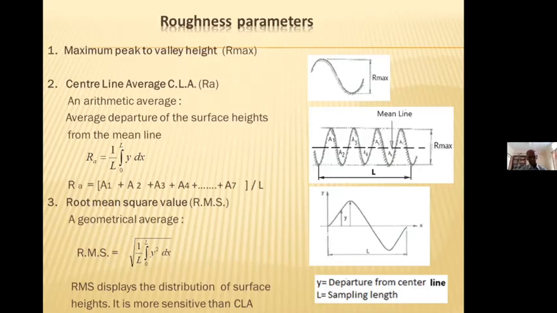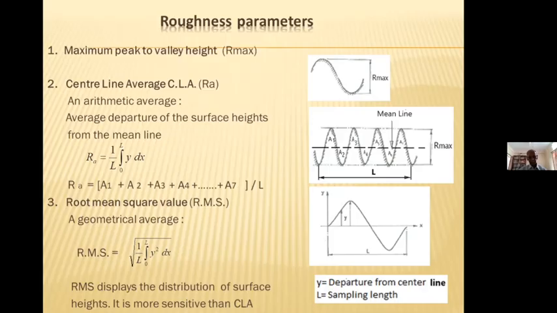Y dx is integrated over the sampling length, say L, 0 to L, and we divide it by the sampling length L. So what we do is we find out the total area enclosed by the surface and the mean line and divide it by the sampling length. So this gives us some kind of an arithmetic average.